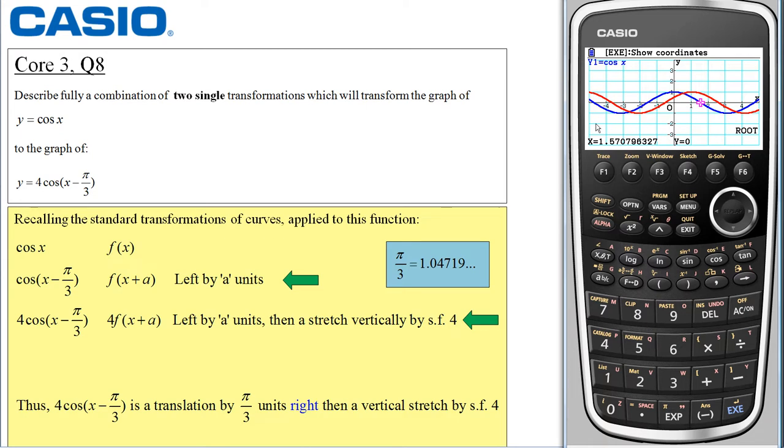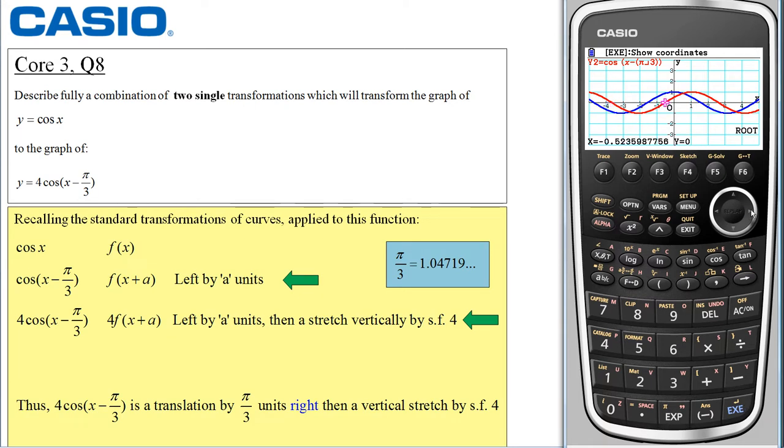Now to this decimal here, if I add pi by 3, I'm expecting to get the root of the red curve, y equals cos of x minus pi by 3, the one just here. Okay, let's check that. If I choose gsolve again, and root, but this time I scroll down to the red curve. Okay, now I select execute, and I can look at the roots for the red curve.